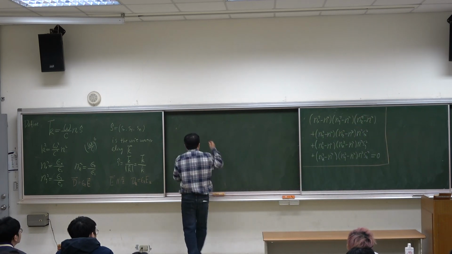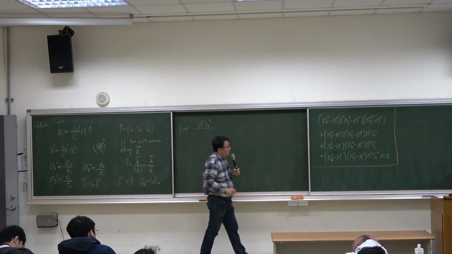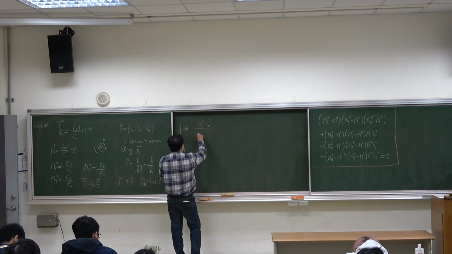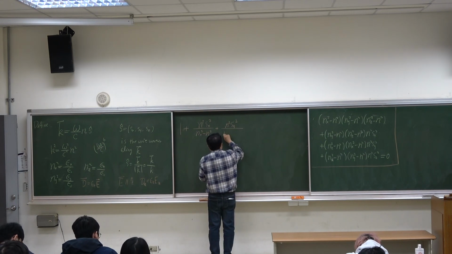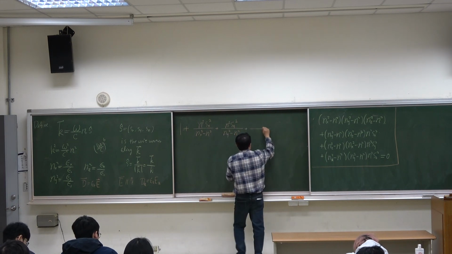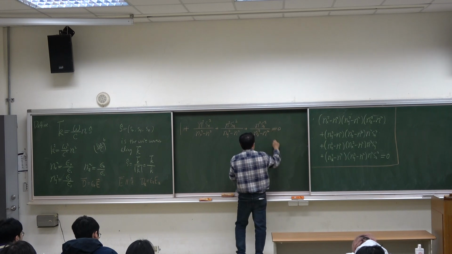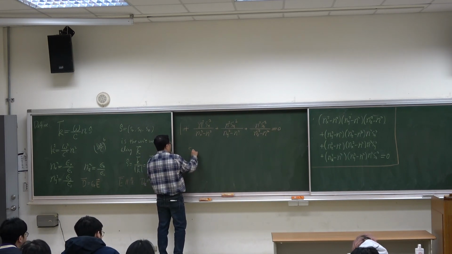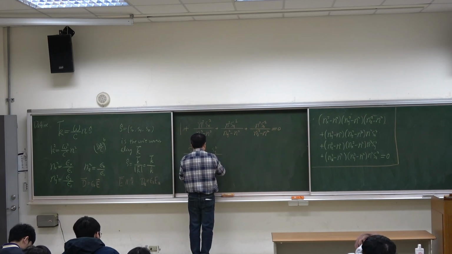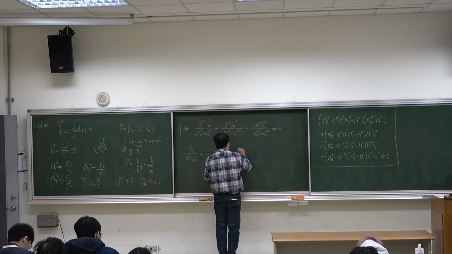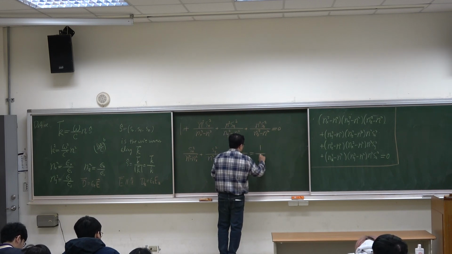So we get 1 plus n squared sx squared over nx squared minus n squared, plus n squared sy squared over ny squared minus n squared, plus n squared sz squared over nz squared minus n squared, equal to 0. And finally we can write it as sx squared over n squared minus nx squared, plus sy squared over n squared minus ny squared, plus sz squared over n squared minus nz squared, equal to 1 over n squared.